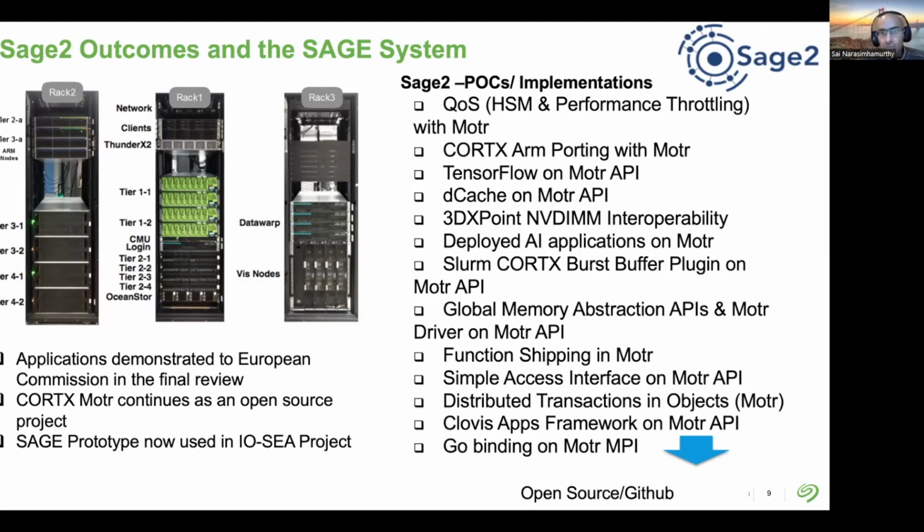So for Sage 2, I just show some of these things that were achieved as part of the CORTX Motr system. I discussed some of this in the previous slide. So I skip this, and the work that was done in Sage and Sage 2 ultimately helped in the further build out of CORTX Motr and helped to enable it to be an open source project, which my colleague David will briefly tell you about on GitHub in the next talk.